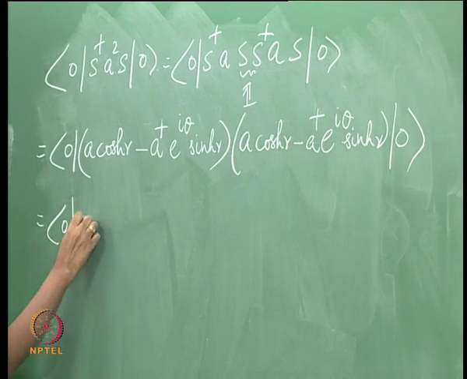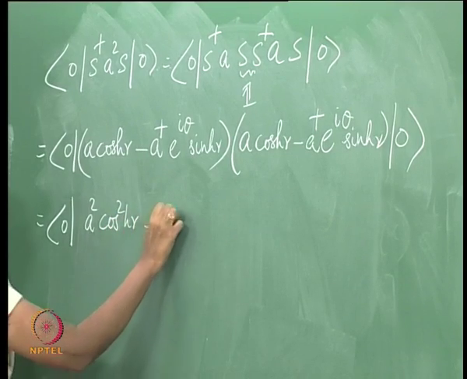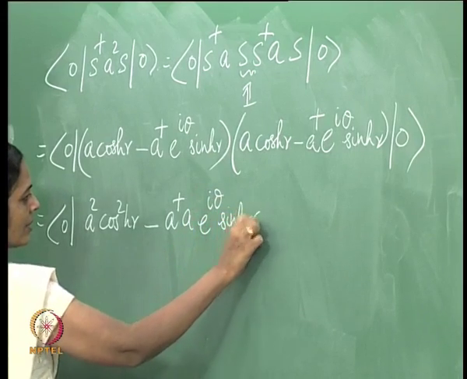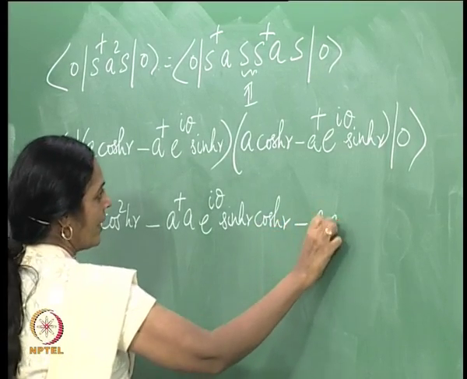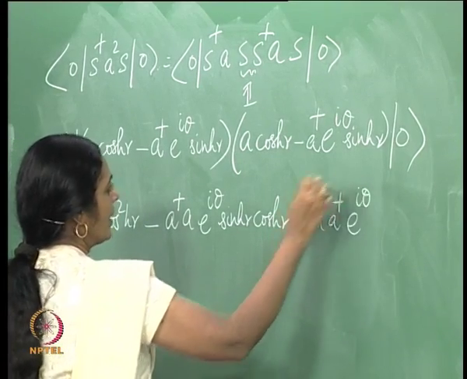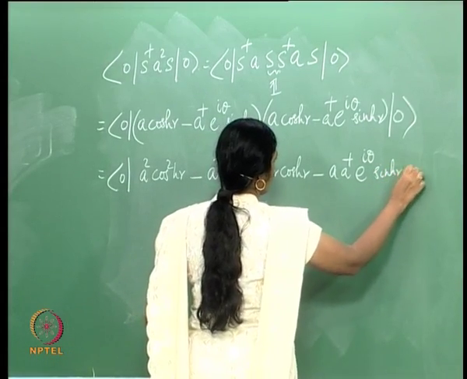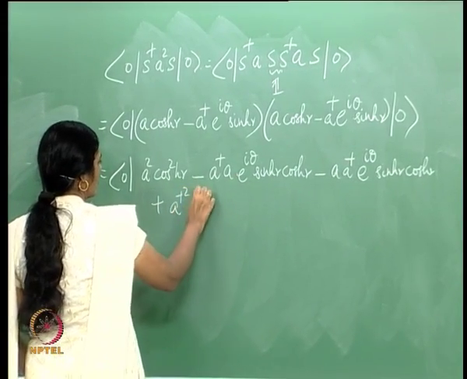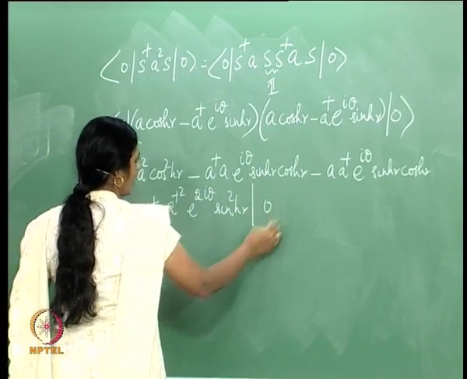So, I multiply this term by term. The first term is A squared cos squared hr, minus A dagger A e to the i theta sin hr cos hr, minus A dagger e to the i theta sin hr cos hr, and then the last term is plus A dagger squared e to the 2 i theta sin squared hr.